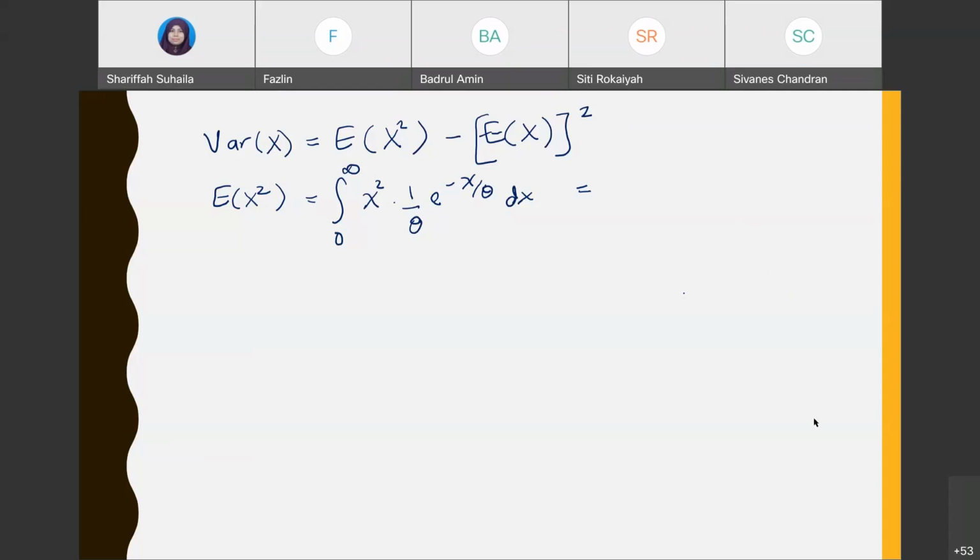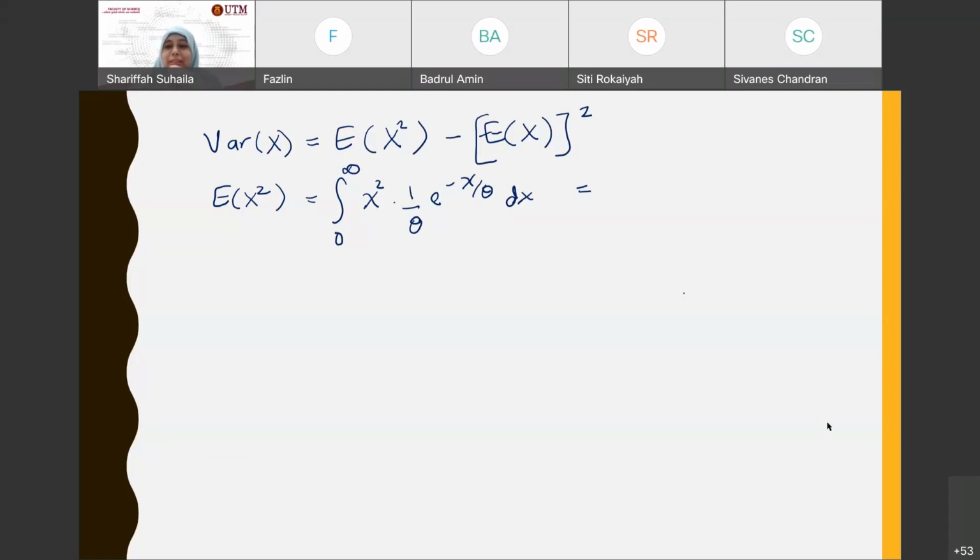We already got its variance. Others, Badrul, do you get the answer? What is your EX square? I won't answer, just try to get it. Not getting it. Okay. What was the answer earlier? 2 theta square. You get the answer?